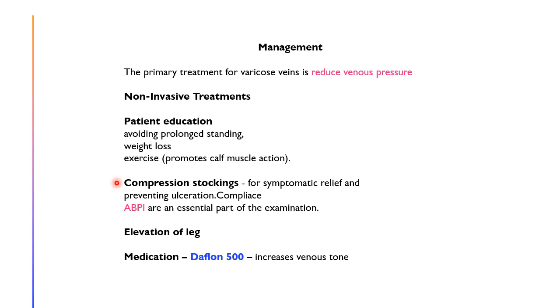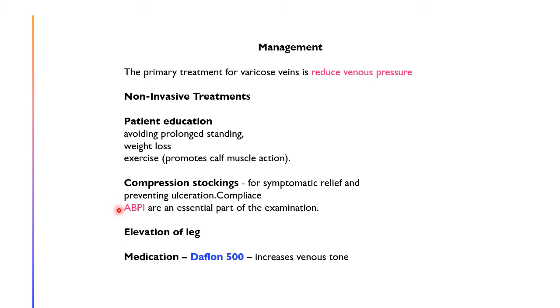The other method is compression stockings. Advise the patient to wear graded pressure compression stockings, and this will improve the relief of symptoms and also prevent ulceration. The main drawback of these compression stockings is the compliance of the patient.